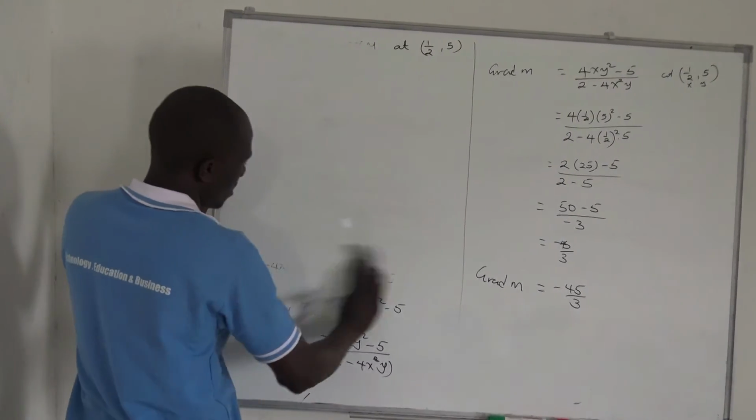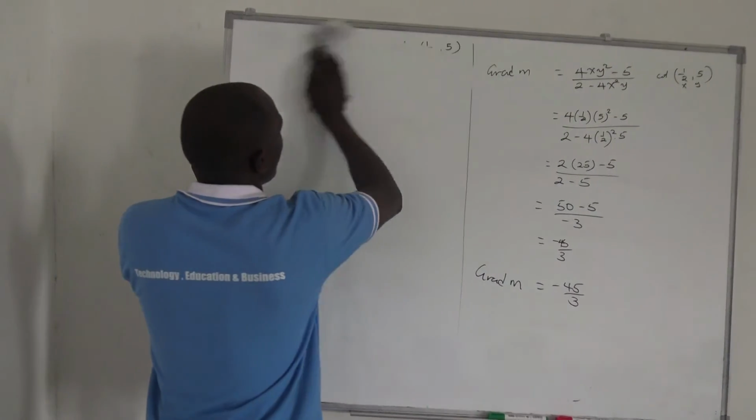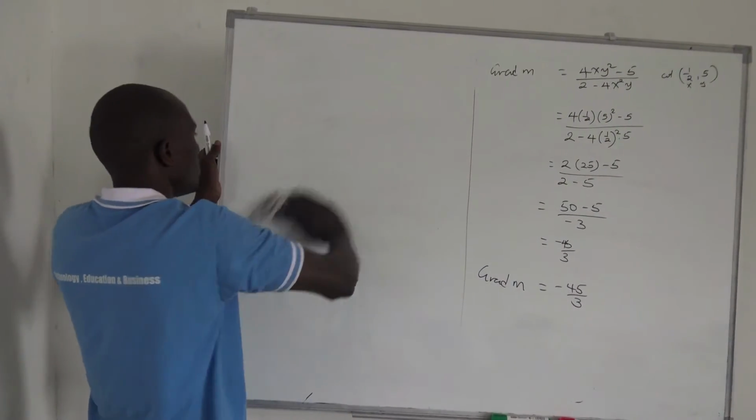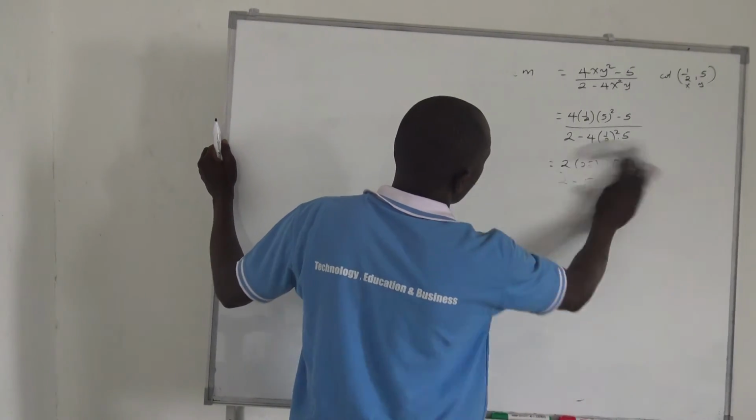Same story. How can we get the gradient when you're given an implicit function?